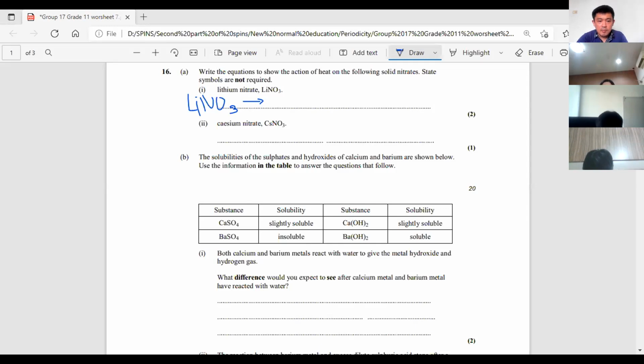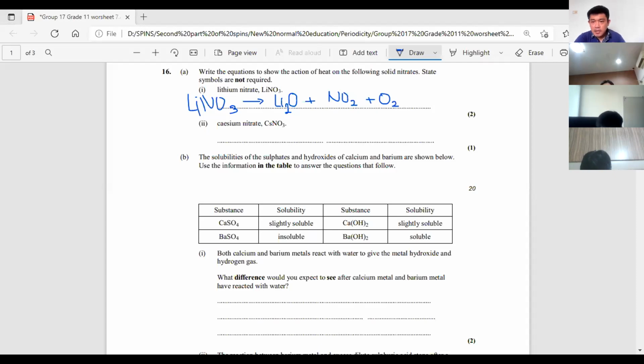But the behavior of decomposition is the same, Li2O, because it is in group 1, plus NO2 plus oxygen. This equation is not yet balanced, but the reaction is already complete.